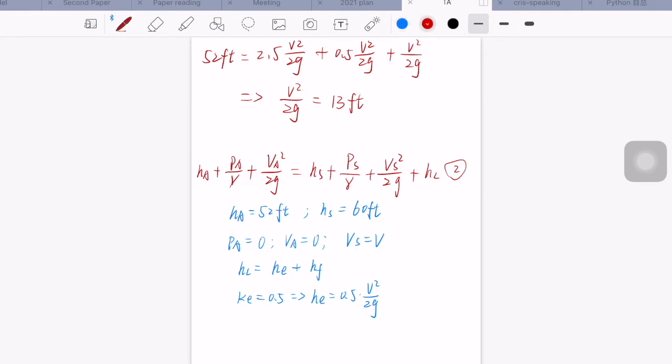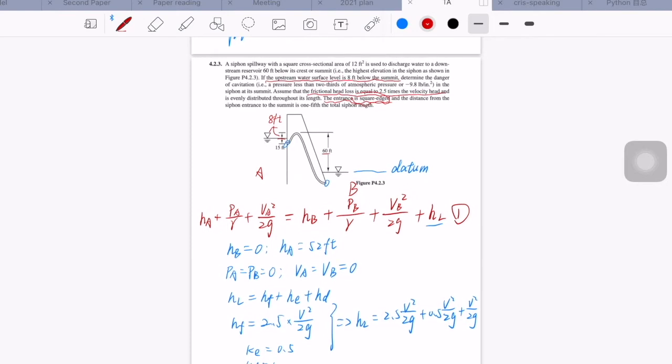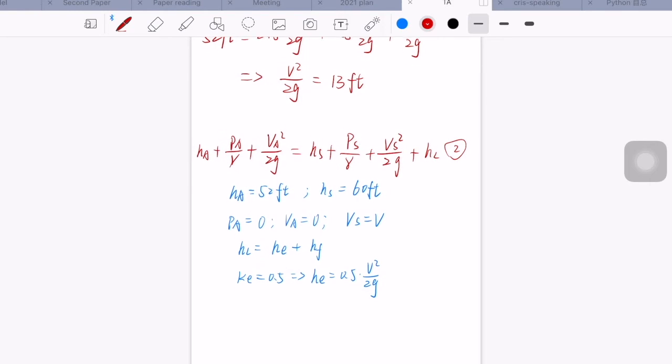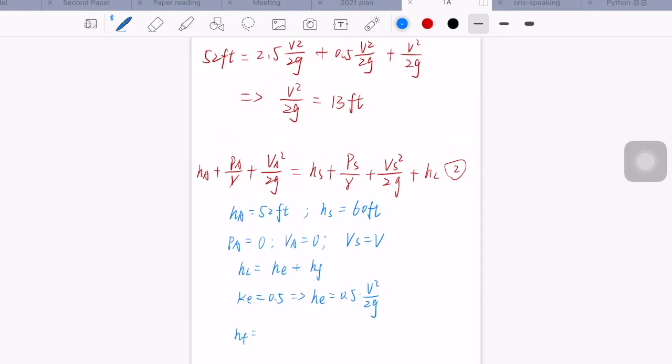And we also know that the distance from the siphon entrance to the summit is 1/5 of the total siphon length. So now the friction head loss equals 1/5 times 2.5 times V squared divided by 2G, because this is the total friction loss along the pipe.